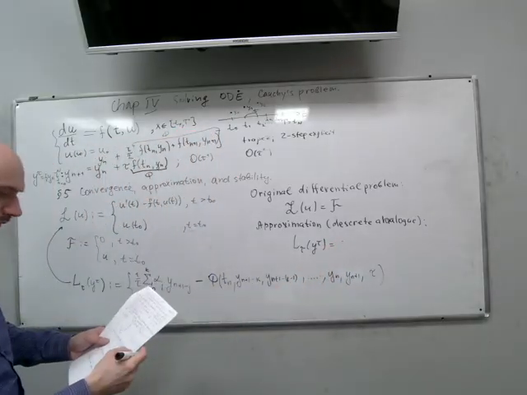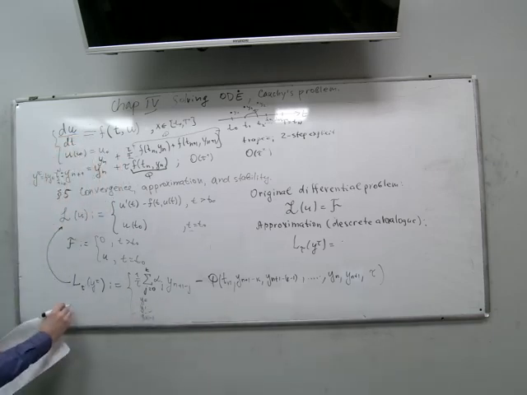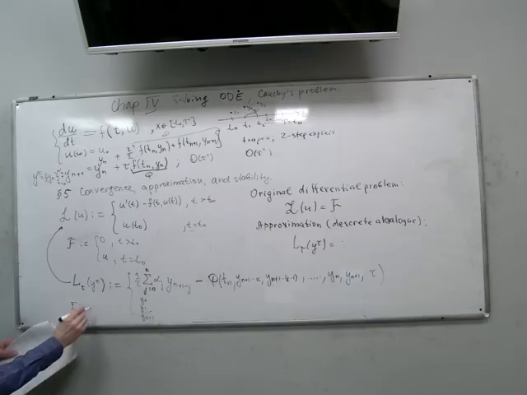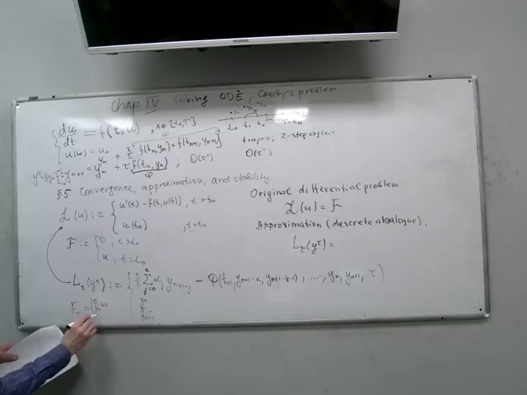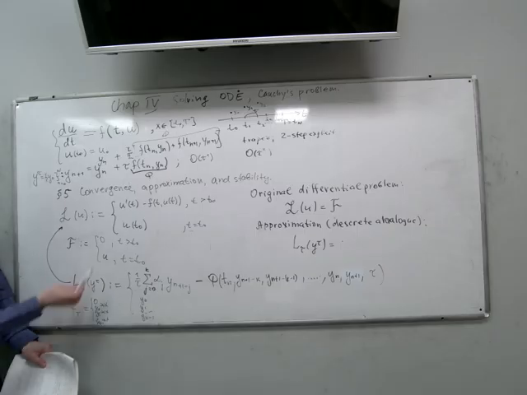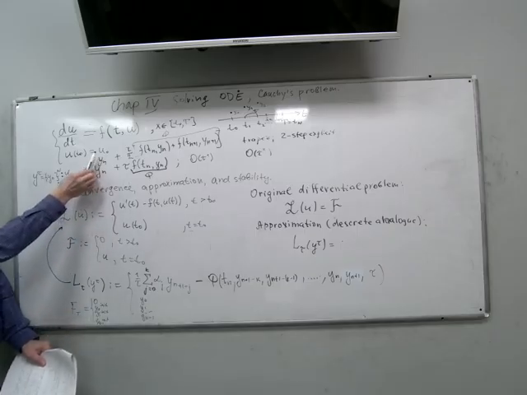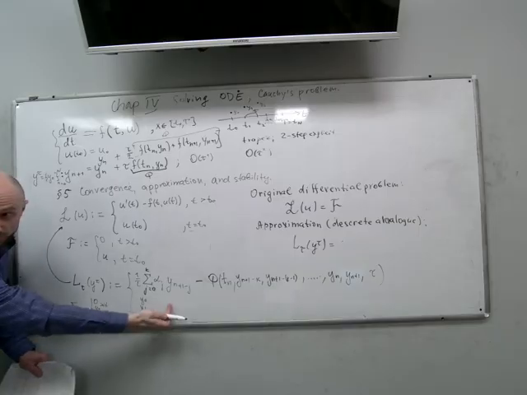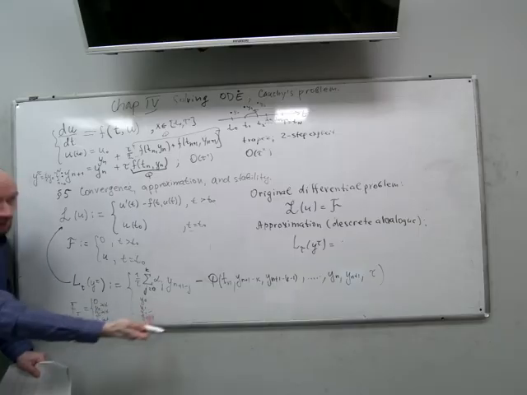I didn't introduce F formally, so F tau will be 0, and just the values that we assign at the initial points. So these are the initial values that we always have. They go to the right of the equation. Okay?